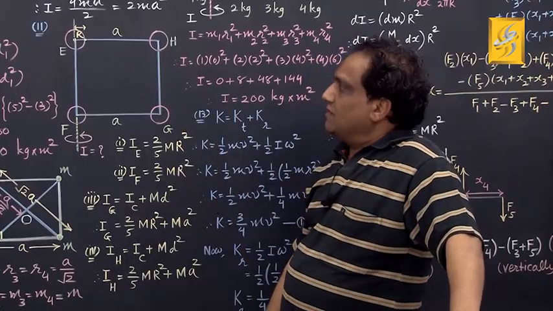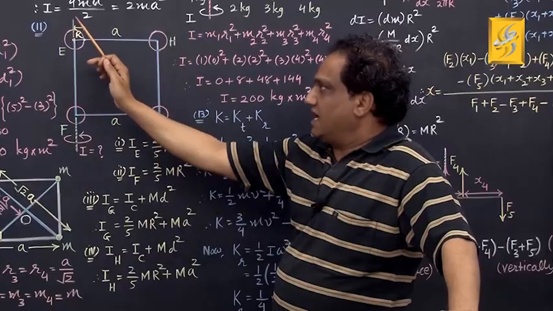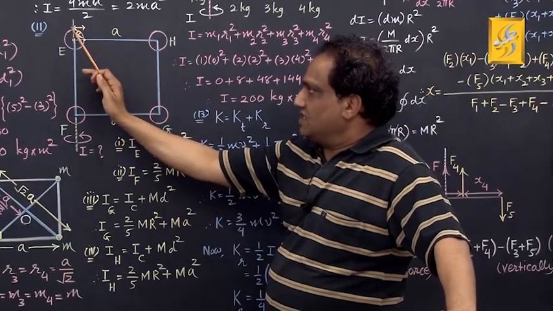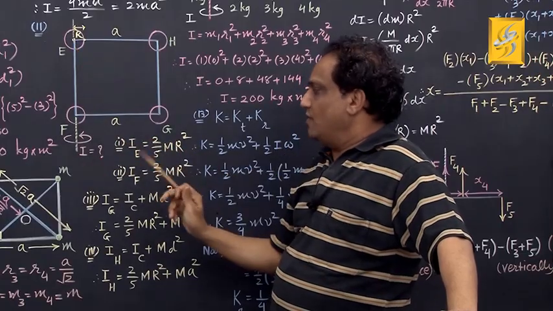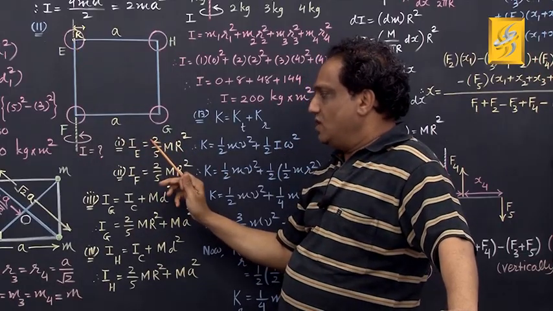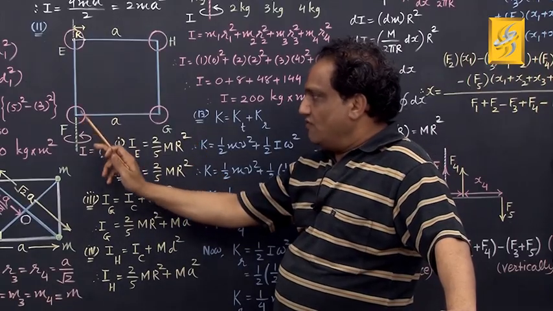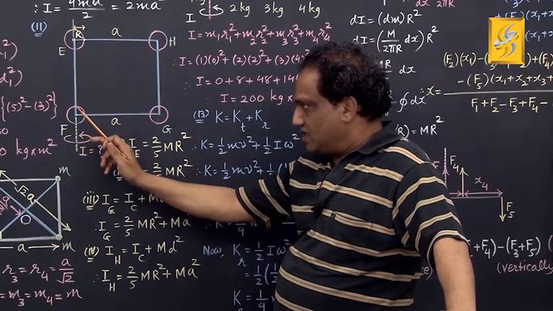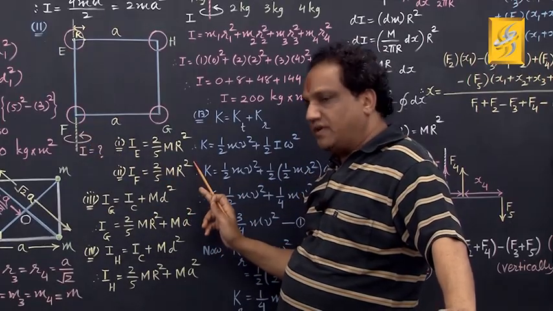Let us find out. Look, when this system is rotating about this axis, for this sphere, you can say the axis of rotation is passing through its diameter, and then the moment of inertia should be given by this formula, 2 by 5 mr square, correct? For this sphere also, when it rotates about this axis, which is passing through its diameter, the moment of inertia should be 2 by 5 mr square, correct?